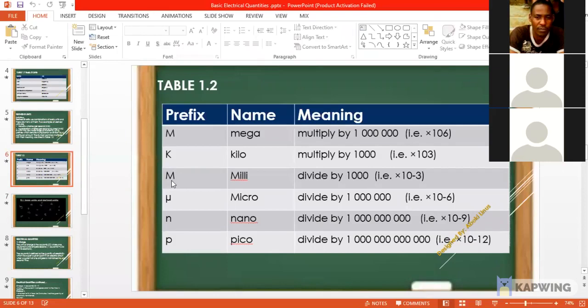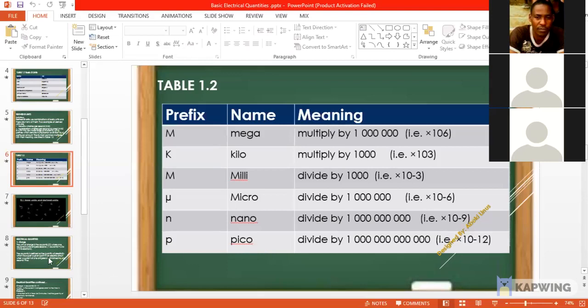Milli means we divide by 1,000. We also have micro, divide by 1 million. We have nano, which is 1,000 million, so we divide the given basic unit by 1,000 million, or 10 raised to power minus 9.